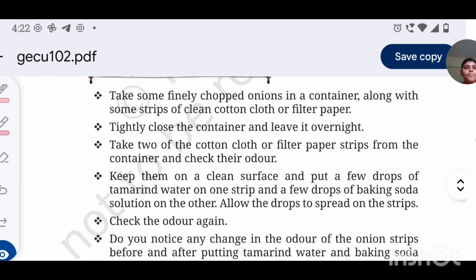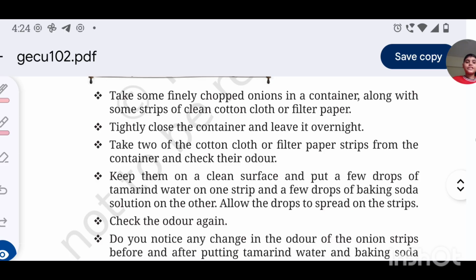Keep them on a clean surface and put a few drops of turmeric water onto one strip and a few drops of baking soda solution on the other. Allow the drops to spread on the strip. Check the odour again.